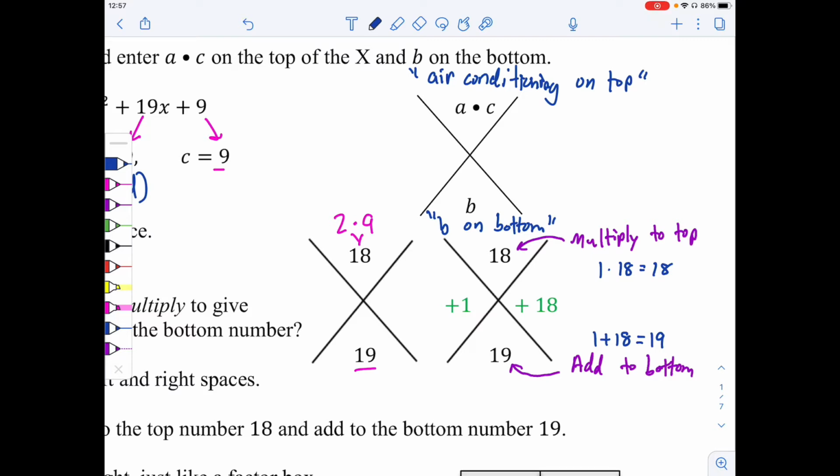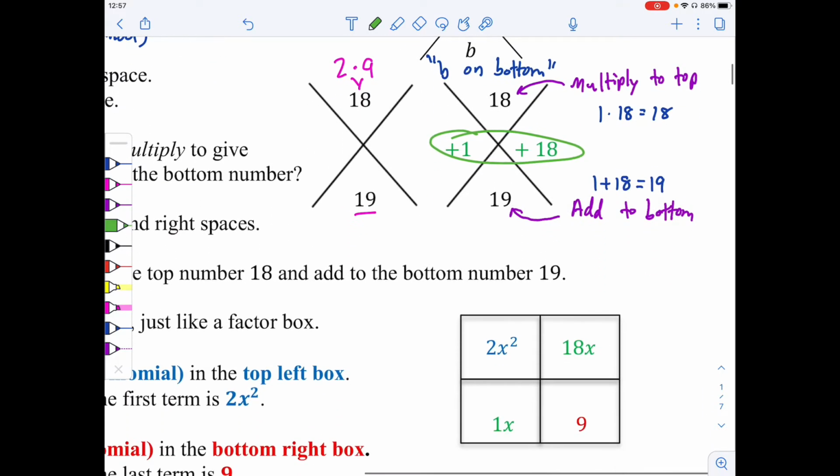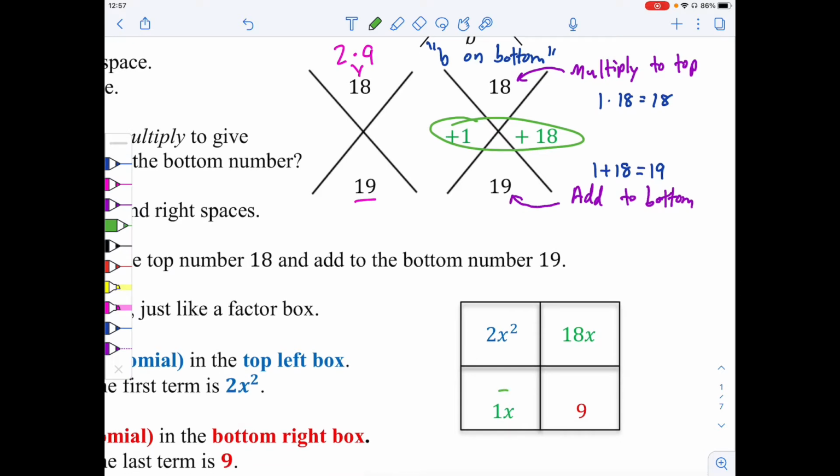So we still have our two numbers right here, 1 and 18. We're still going to use these two numbers, 1 and 18. We're going to put them in our factor box. So that's 1x and 18x. We put them in here with the x. Okay, first term always goes here, so this is the first term.